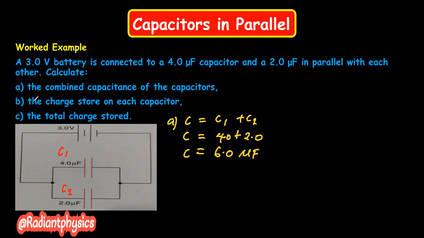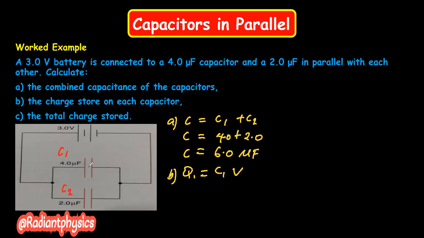And then let's take the second question, which says the charge stored on each capacitor. The charge stored on each capacitor will just be Q1 equal to C1 times V1. Let's find the charge stored in capacitor 1 first.